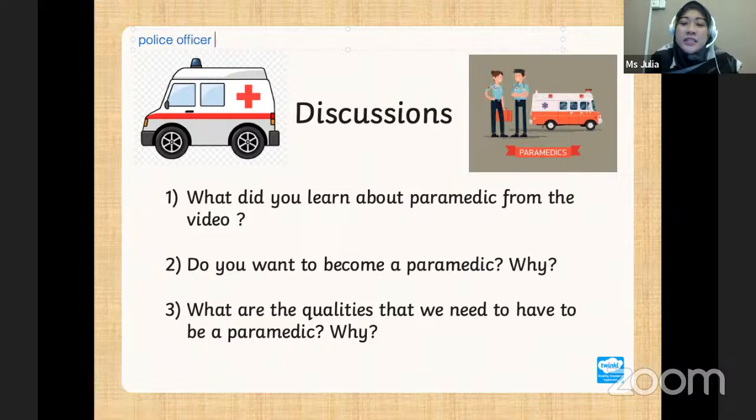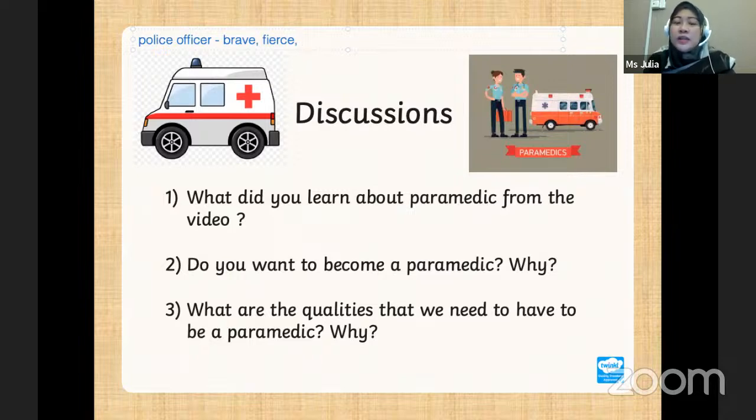What qualities are better for a police officer? Number 1, I think the person should be brave, because he needs to face the criminals, the bad men. So he must be brave. Next, a police officer should be fierce, so that the criminals will be scared of him. If he's not fierce, he looks so kind, and then the criminals don't care.